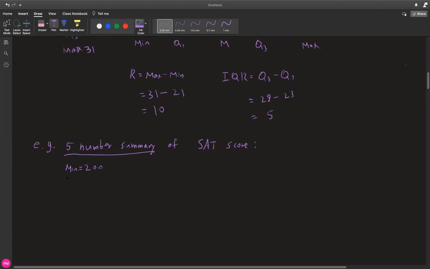Let's say the first quartile is 430, the median is 510, the third quartile is 590, and lastly the maximum is 800. So somebody got every little problem correct.